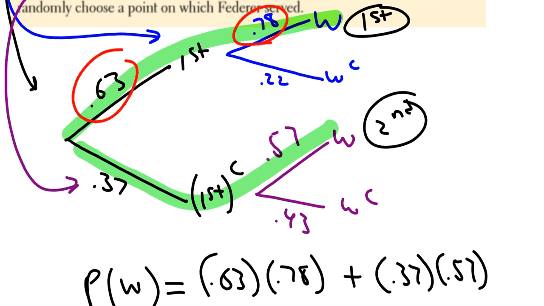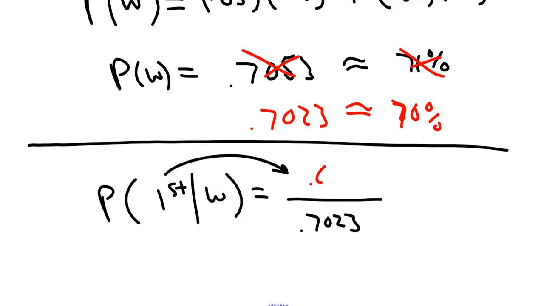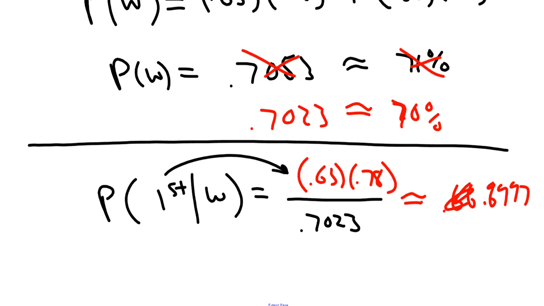Looking here and here. So put that on the top, 0.63 times 0.78. And this becomes the probability that you won the first serve, given we know you won the point. It's a sense of how important winning that first serve really is. Let's take a minute to calculate. So this ends up being about 0.6967, or basically about 70% of the time. Okay.